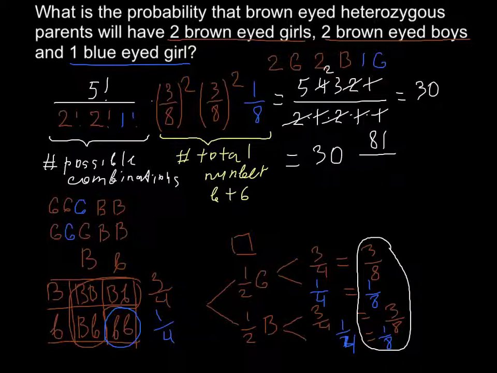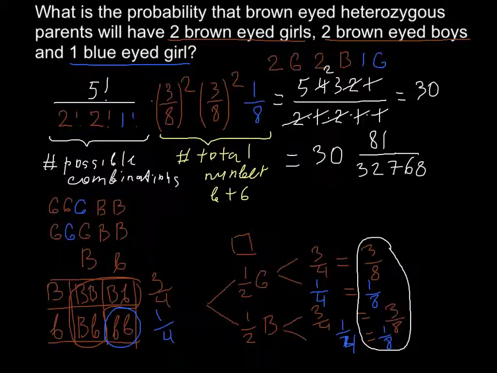So this is easy. As you see, we have here 9 and here 9. We multiply 9 by 9 and we are going to get 81, and multiplied by 1 it's still 81. And here we have 64 multiplied by 64 and multiplied by 8, and we are going to get here 32,768.